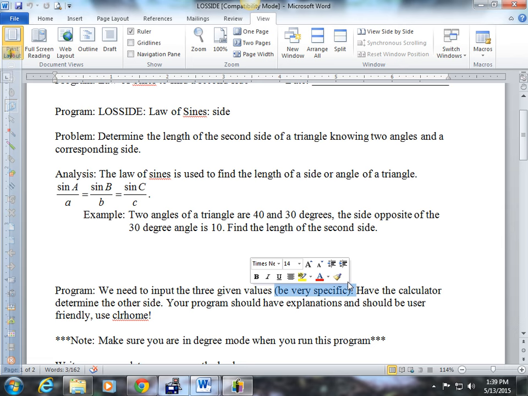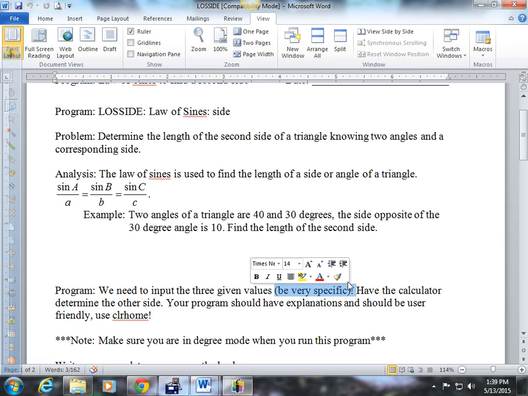A corresponding pair. So when you're inputting values, you probably ought to input what first? The side. Why? There's only one side. So I would strongly recommend inputting the side first.